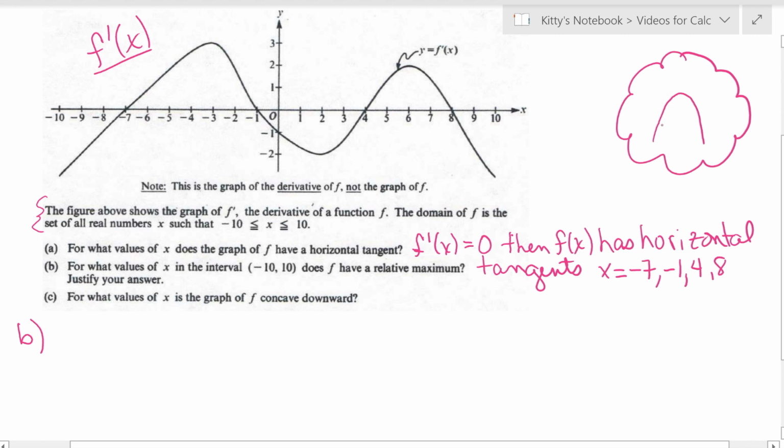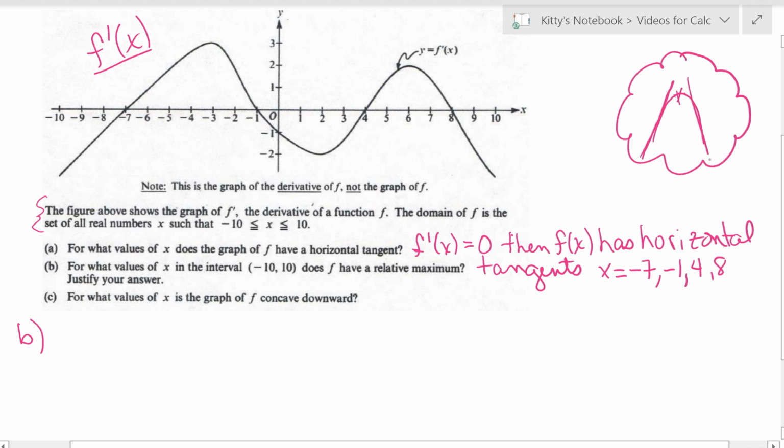So what do I know about f prime? And that would be the slopes of the tangent lines around that point. Well, the slope to the left is positive, and the slope to the right of the point, because there's your max, is negative.